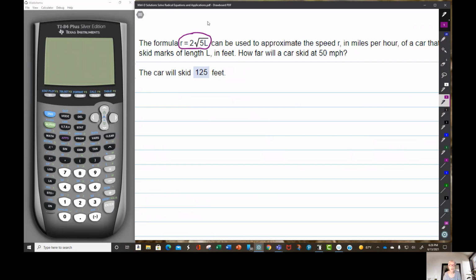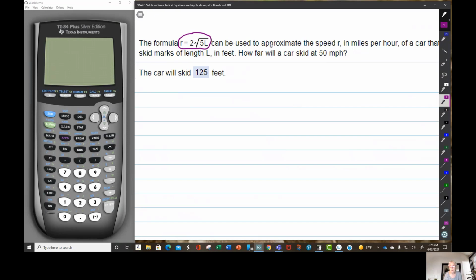So any of you who plan to go into criminal justice, you're going to know that by heart. Of course, a computer gives you the answer. But r equals 2 times the square root of 5L.